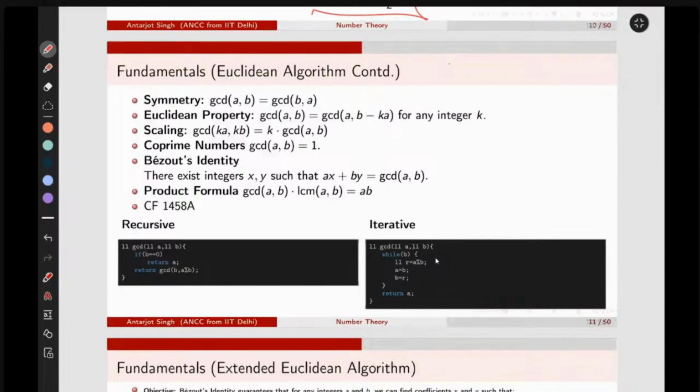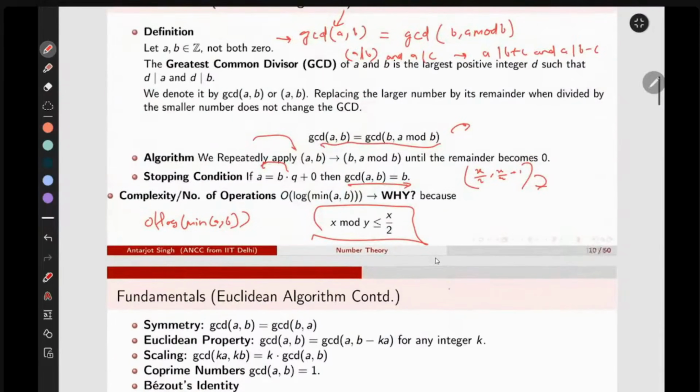So the properties of GCD are symmetricity, obviously, and the Euclidean property, of course, because we showed that.